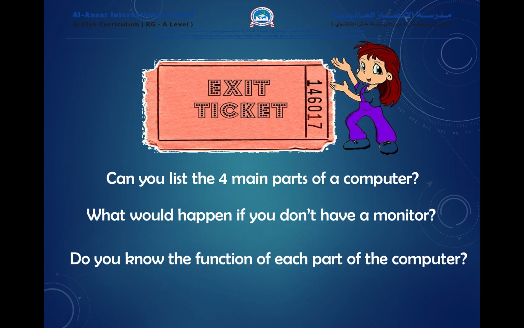Can you list the four main parts of a computer? Let's think about it. The mouse, the system unit, the monitor, and the keyboard. Super work, my champions. Amazing work.